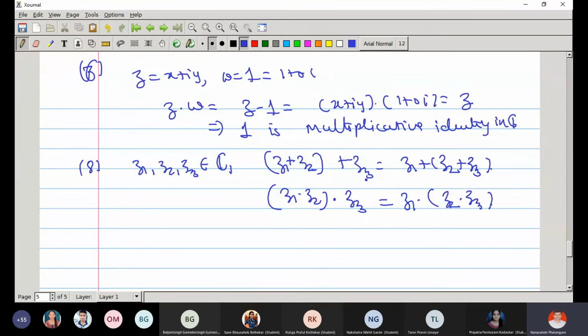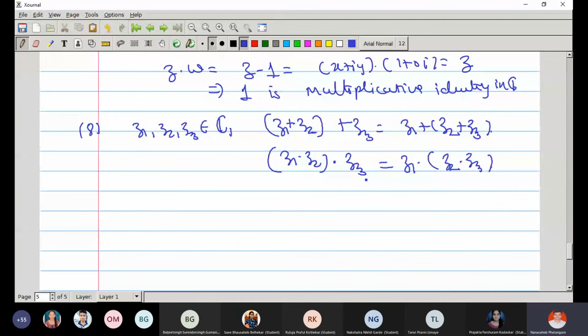So what are these two properties called? Associativity. So associativity with respect to addition and multiplication is satisfied. That you can check easily, not difficult to check.